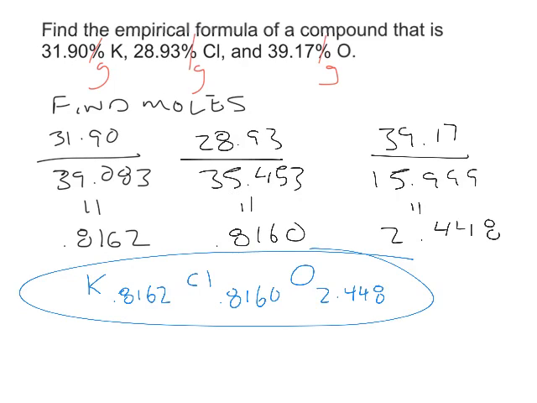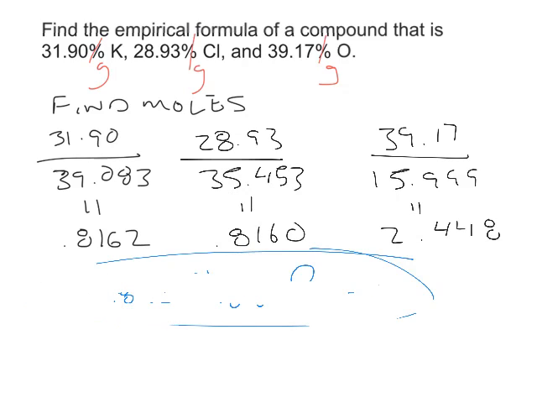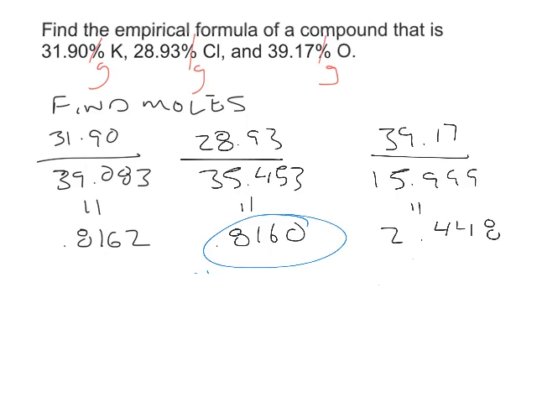We like to see them expressed in whole number ratios. So let me strike this, and we'll do that normalization step. Okay, so now we're going to normalize. This guy's my smallest number of moles, so I'm going to divide out by that.